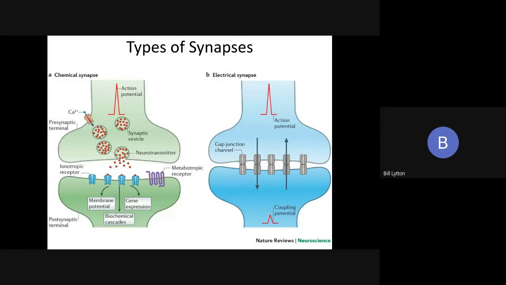Meanwhile, the other type would be metabotropic receptors, where what would be released internally would not be anything coming from the outside, but would be something synthesized or broken down from the inside, such as cyclic AMP, a G protein, or other. Those then might go on to activate channels.